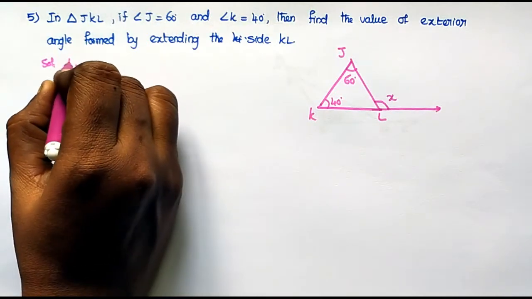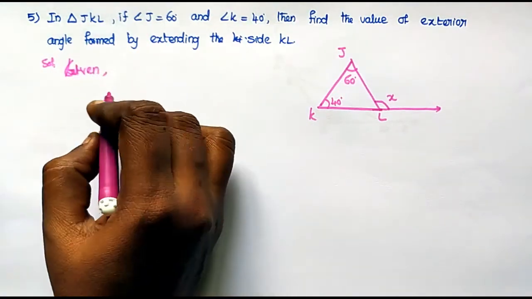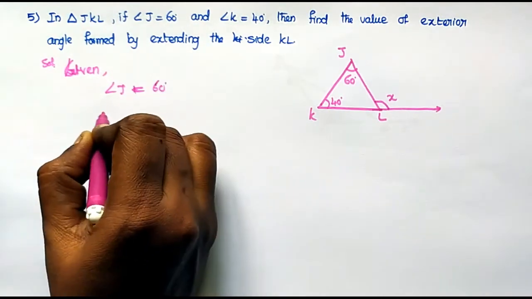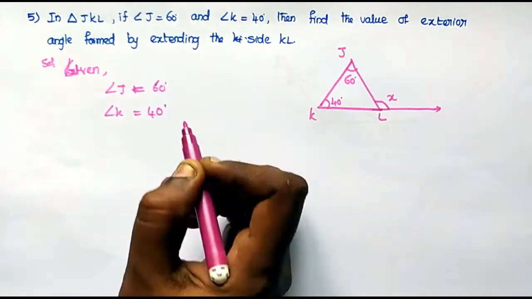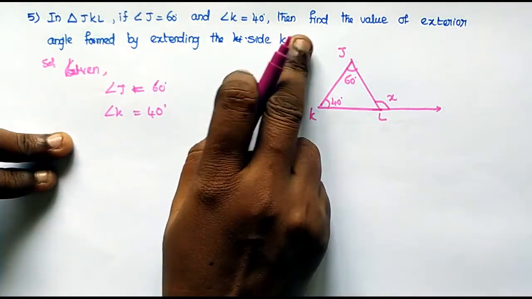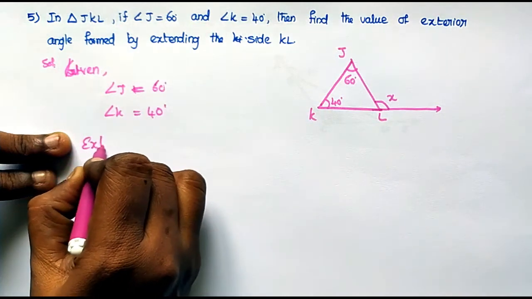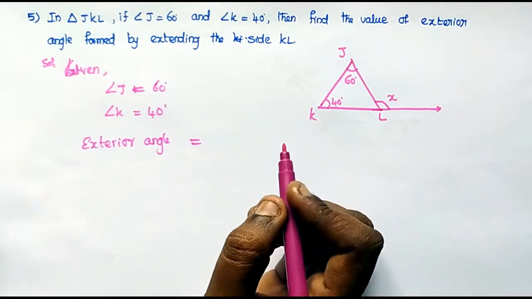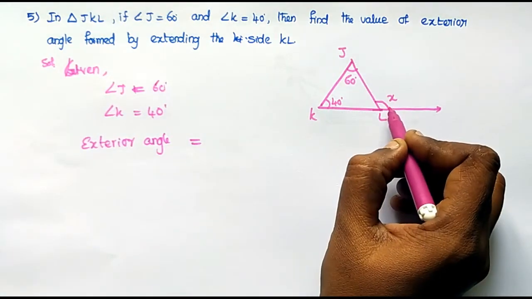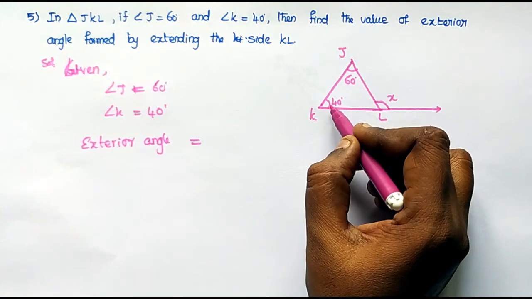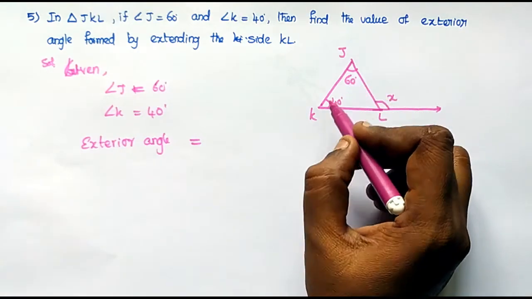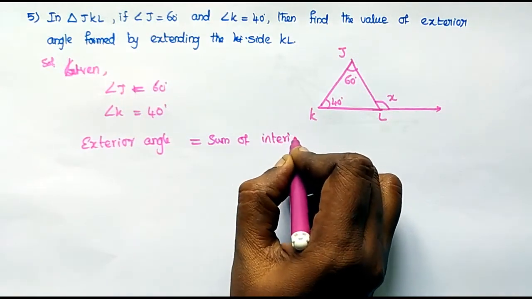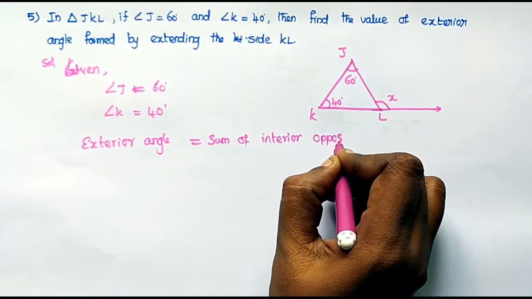Listen, write down what they have given. Angle J equals 60 degrees, angle K equals 40 degrees. Exterior angle equals, we know that very well, this is the exterior angle, equal to the sum of the opposite interior angles.